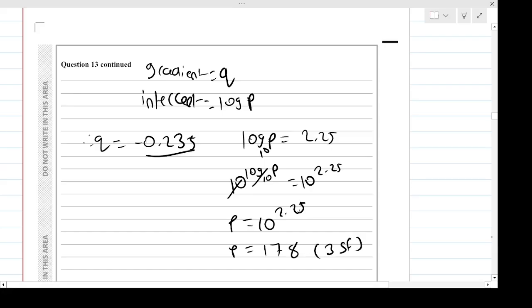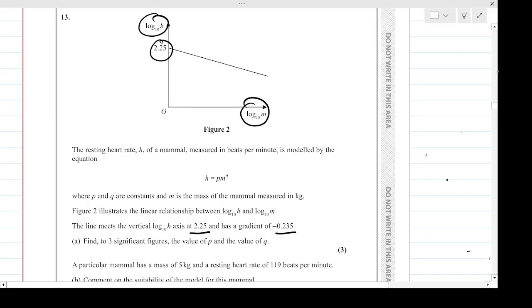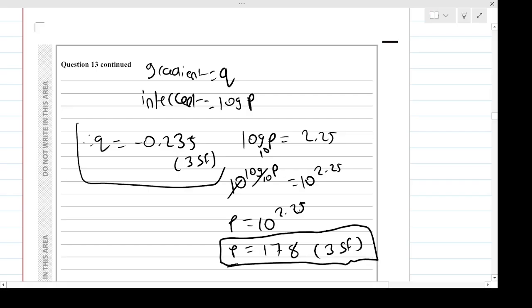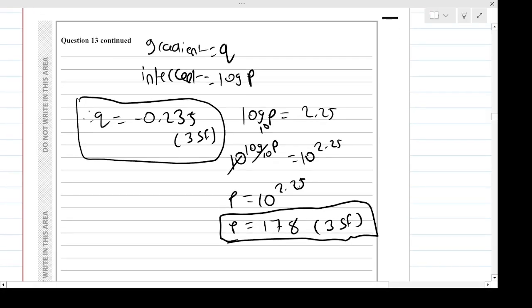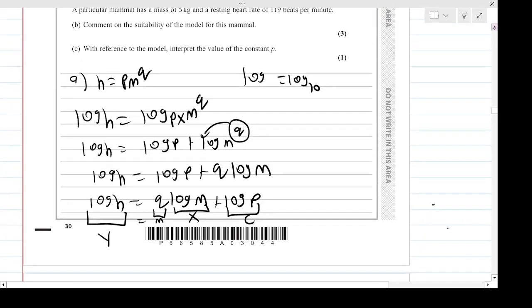And q is 3 SF anyway. And so there we are. Those are the values of p and q. Okay, cool. So again, very standard approach. Take logs of the equation and then compare with a straight line to find the gradient and the intercept.